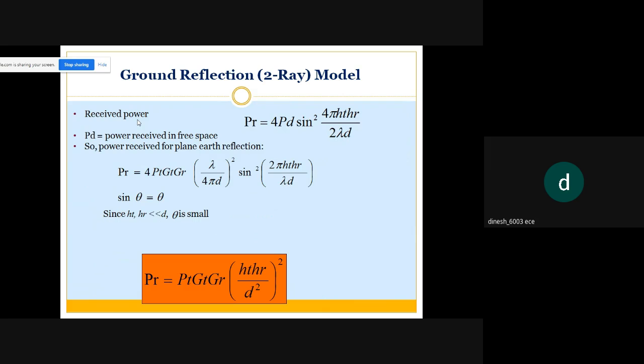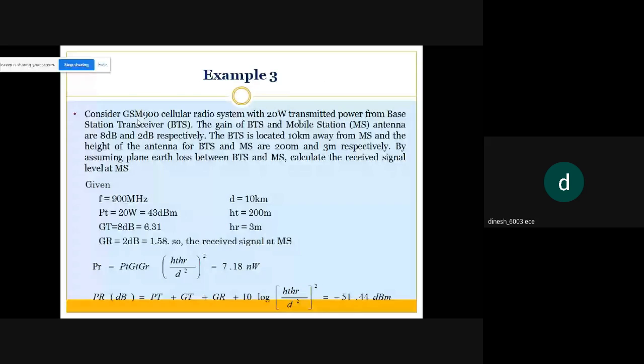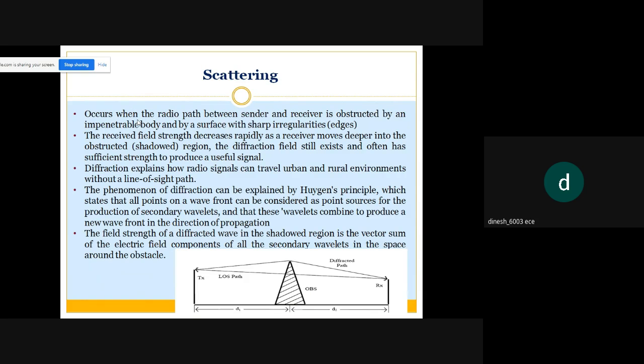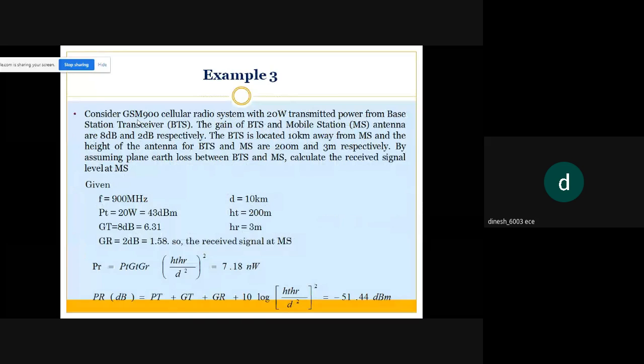Substituting all these values, we get 7.18 nanowatts. So in terms of decibel, in terms of formula.